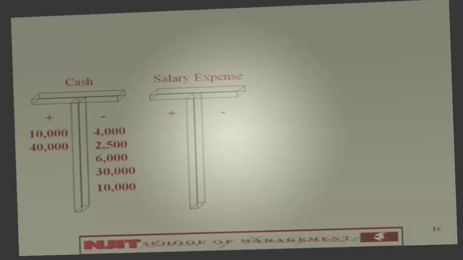So, cash goes down 5,000, and you have an expense, so expense is plus 5,000. So, let me repeat, it will be cash minus 5,000, salary expense plus 5,000. So the entries are cash, credit 5,000, salary expense, debit 5,000. So the journal entry would look like this.